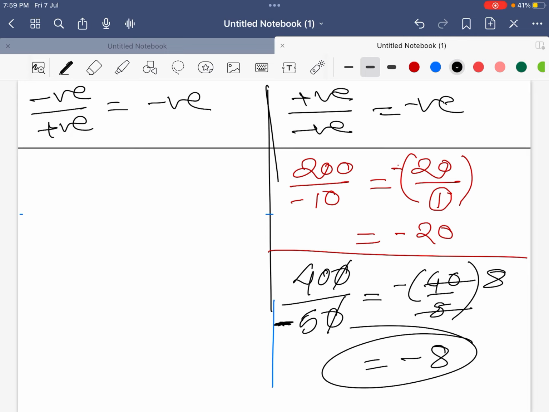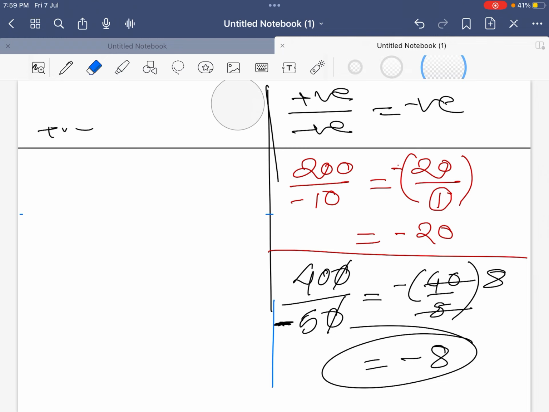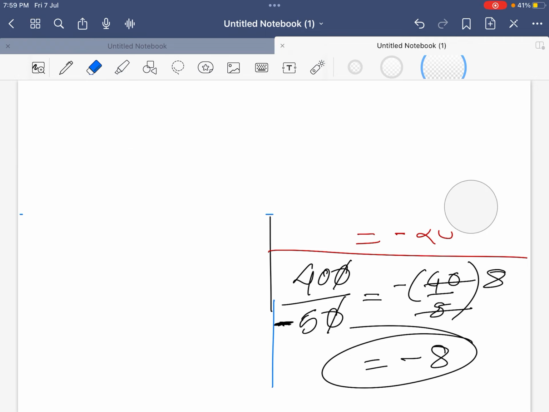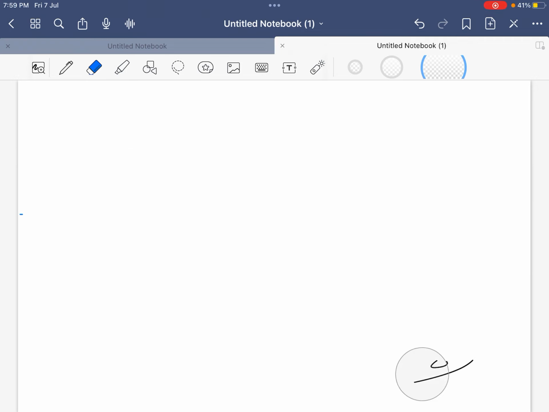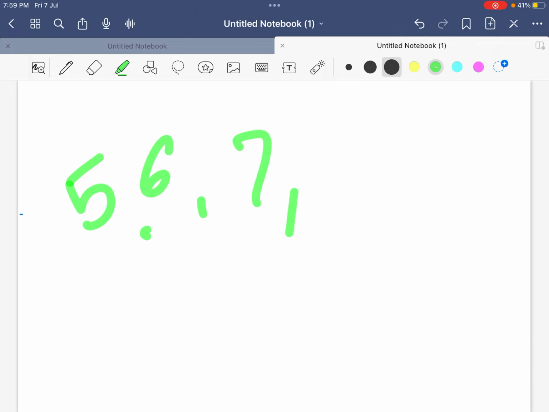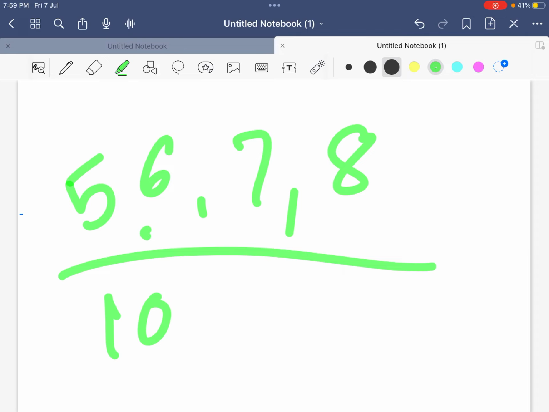Do more, or solve more examples to understand this concept, because this concept is useful in 5th standard, 6th standard, 7th standard, 8th, or 5th onwards.